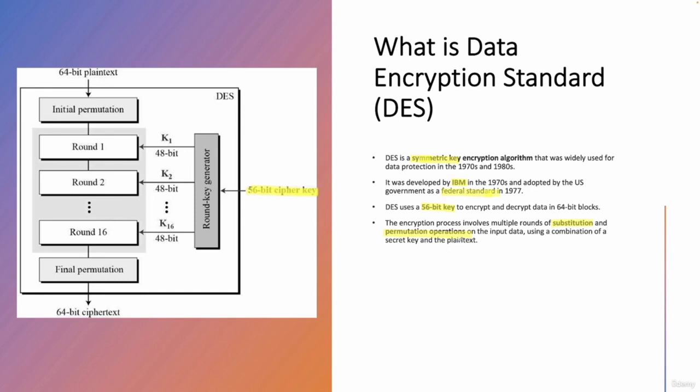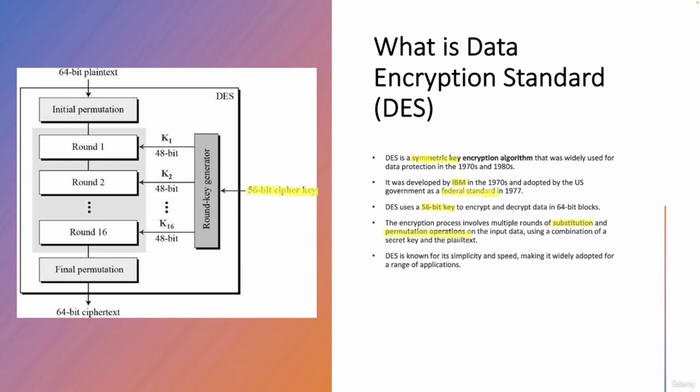Now if you imagine the Caesar cipher we studied, it was very simple, we were just moving three places across. Here we are talking about multiple substitutions and multiple permutations as well. All we are trying to do is make a very complex mathematical formula to come up with a strong encryption and decryption algorithm.